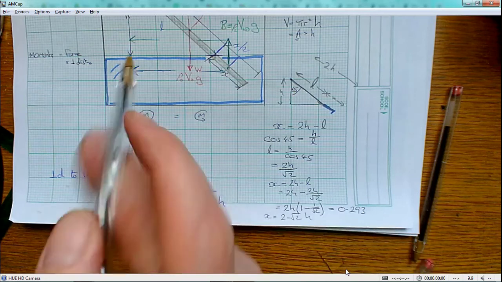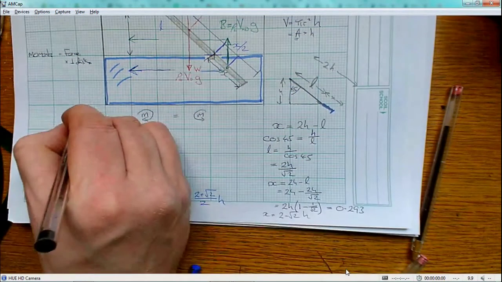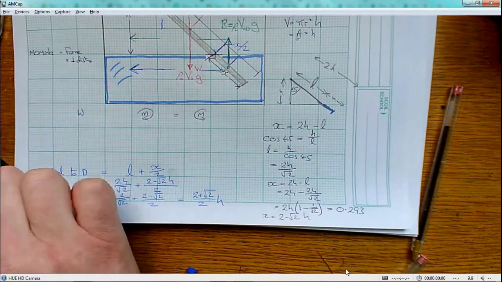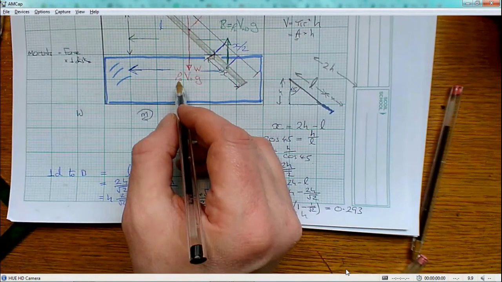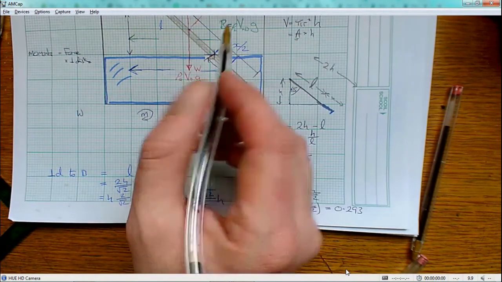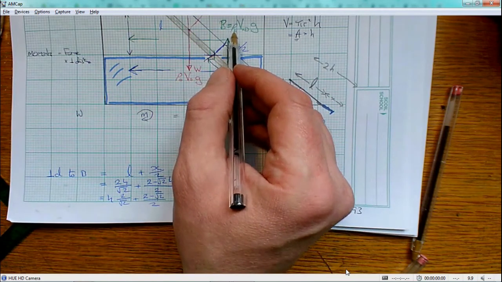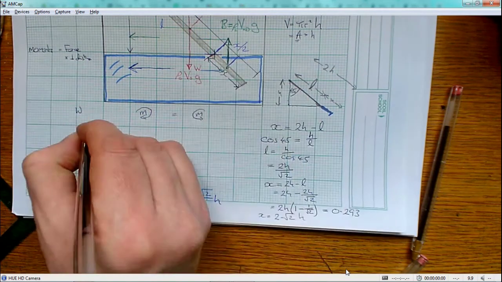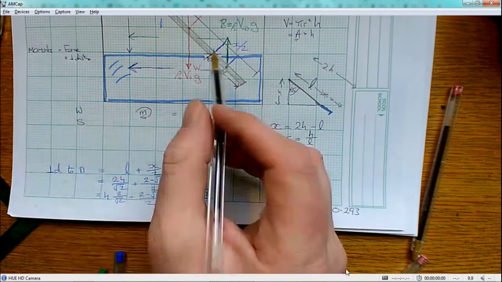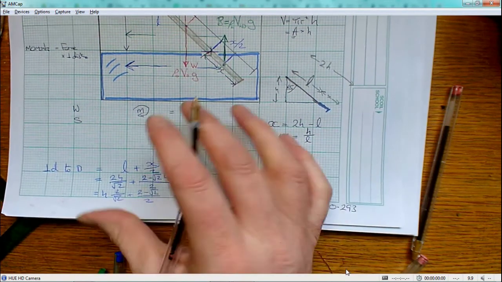So if I go for the moments turning clockwise, I've just said it was weight. This is the weight side. Weight is the density of the object. That's S. It's 1,000 S. Buoyancy of the water is 1,000 kilograms. So I'm just going to make that 1. I'm going to make that S and make that S. So this is S over here, times 1, which I'm not even going to write.